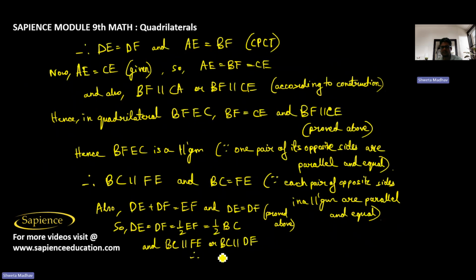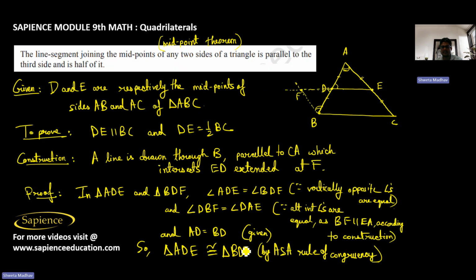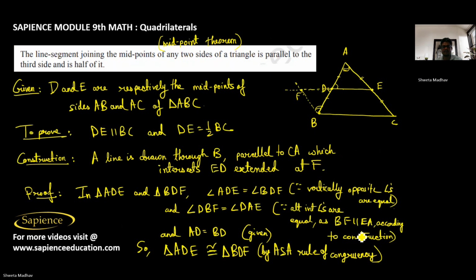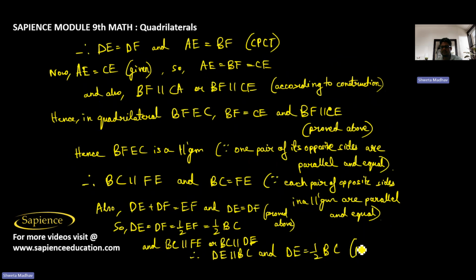So therefore, we can say that DE is parallel to BC and DE equals half of BC. So hence proved.